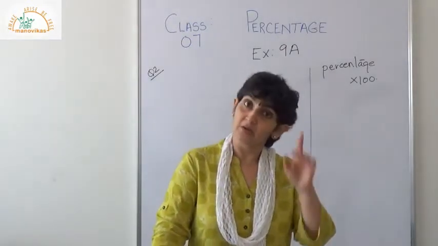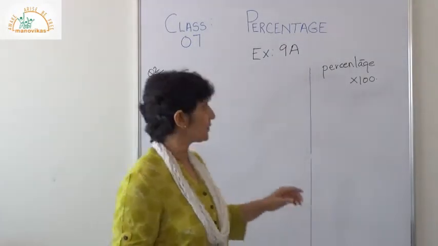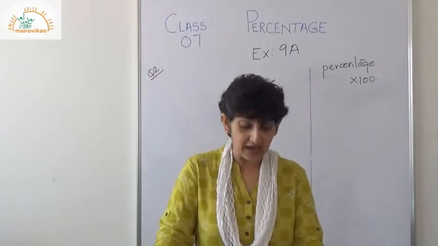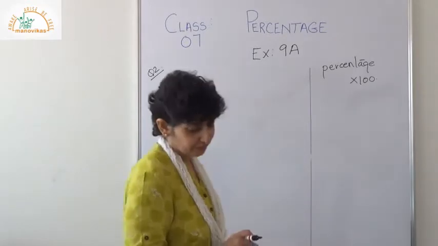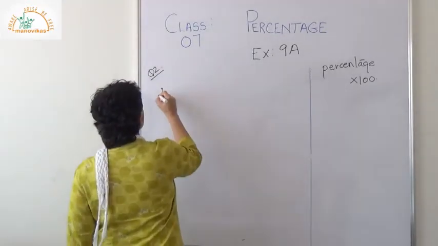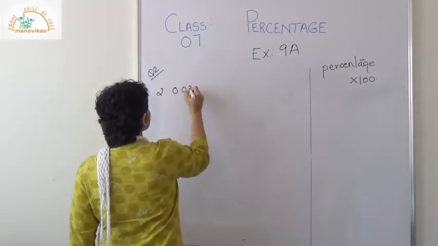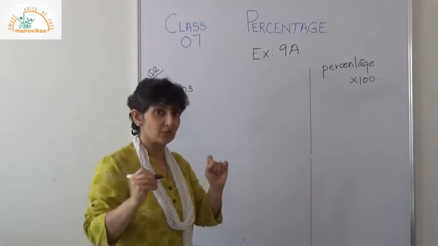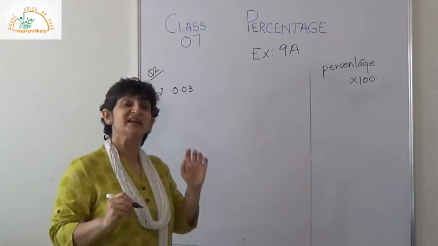Alright, question 2. The question is the same. Express each of the following as percentage, but now we have decimals. For example, the second one, 0.03. I told you, when you want percent, what should you do? You're going to multiply it with 100.